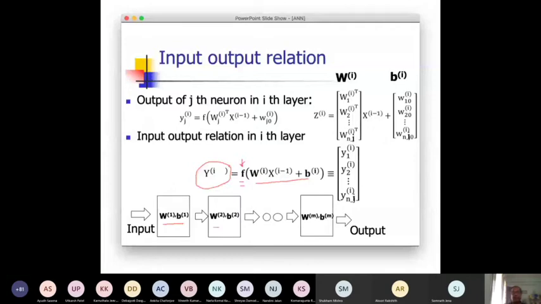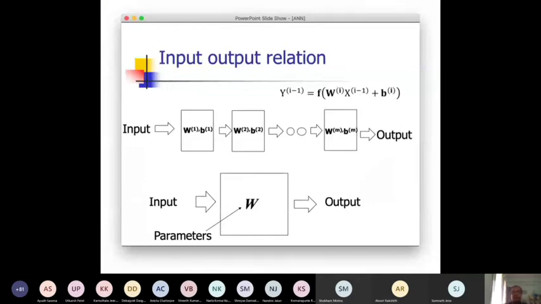So these are the parameters of the network, and this is how the computation is carried out in cascaded stages. You have an input vector, or feature vector, and you have an output vector. So in brief, this is the mathematical description of the computation carried out in the artificial neural network model.